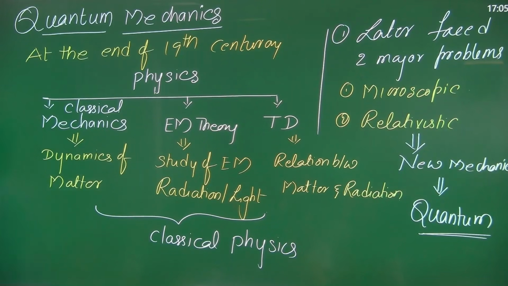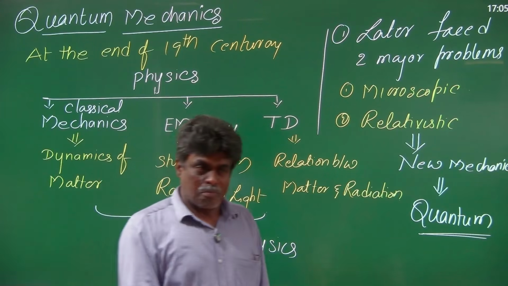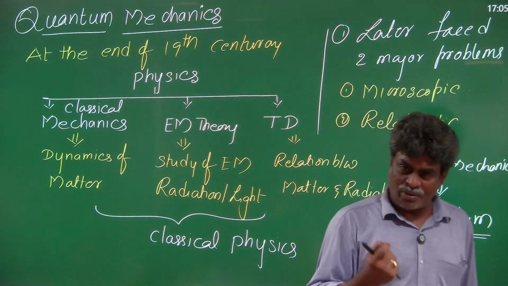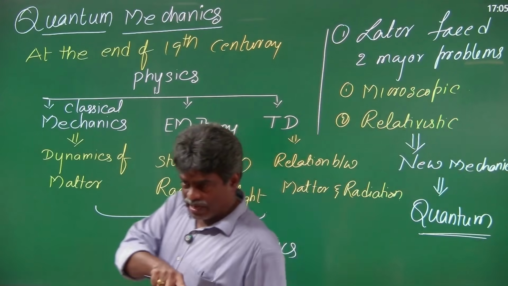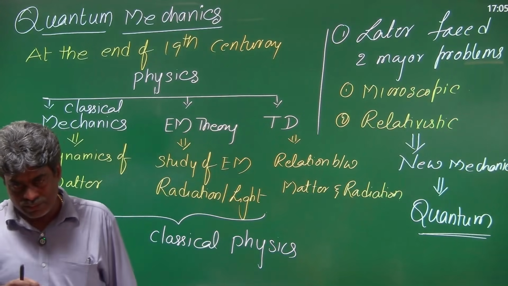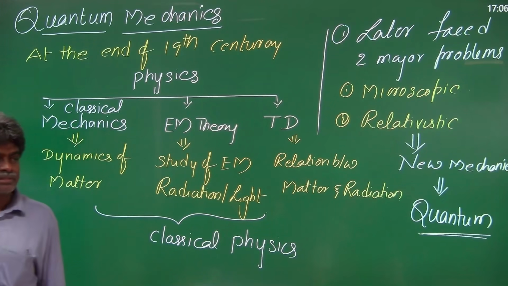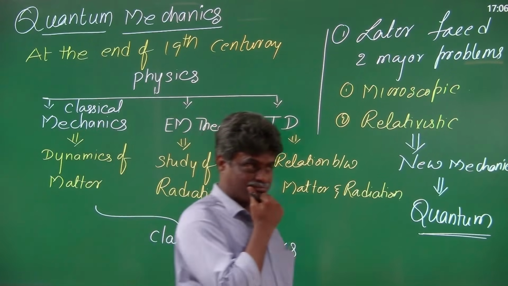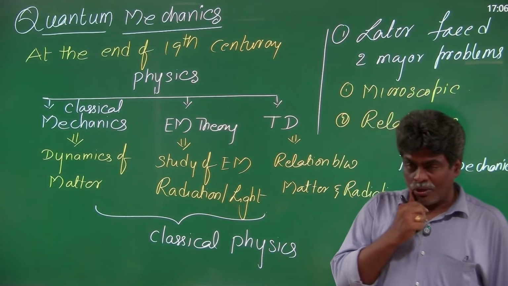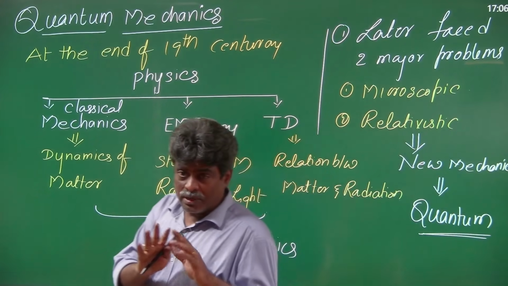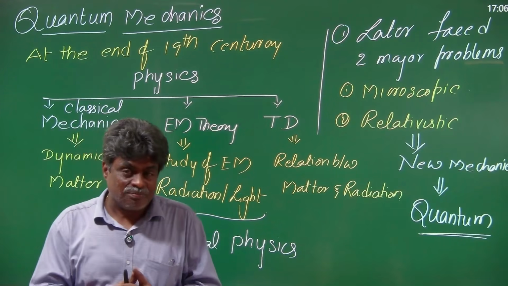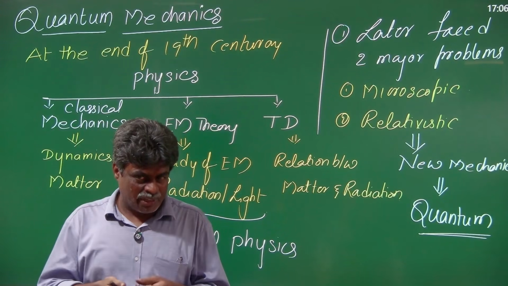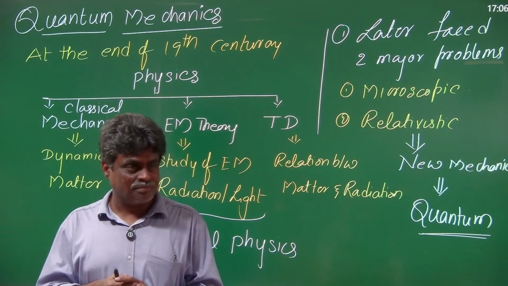Can you please tell me what are the examples for that? Matter converted to radiation, or radiation to matter. I hope you have heard about pair production. What is pair production?